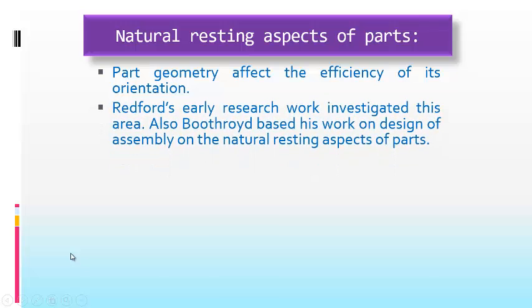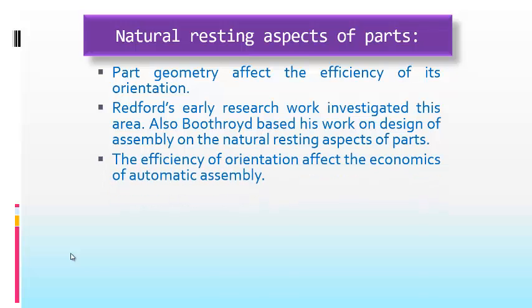Part geometry affects the efficiency of its orientation. Bradford's research work investigates this area. Also, Boothroyd based his work on design for assembly on natural resting aspects of parts. The efficiency of orientation affects the economics of automatic assembly. Definitely, if the feeder is very efficient, that means it is going to give us more parts.